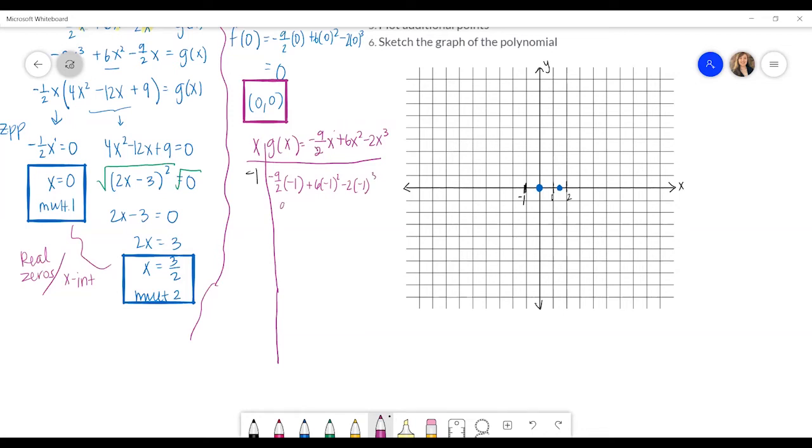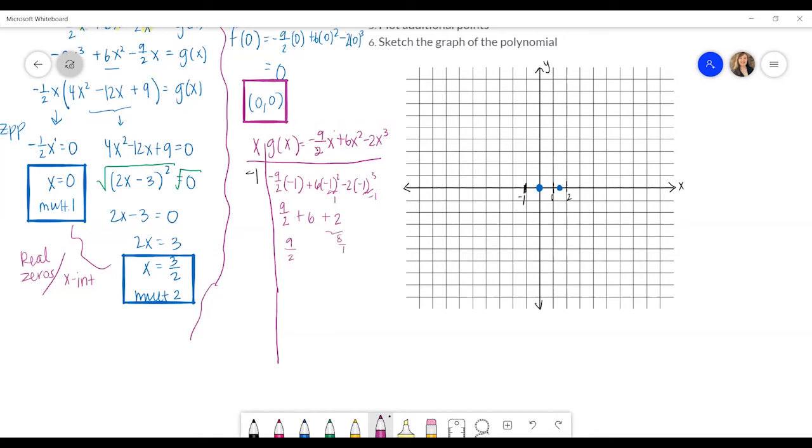So this becomes positive 9 over 2. This is just positive 1, right? So plus 6. And this becomes negative 1 times negative 2 gives us plus 2. 6 plus 2 is 8. So 9 over 2, this is 8, right?